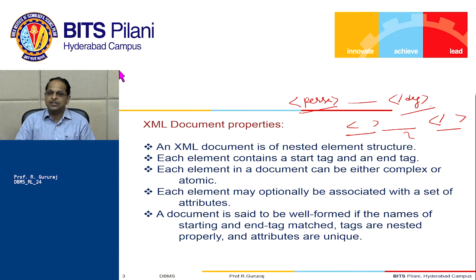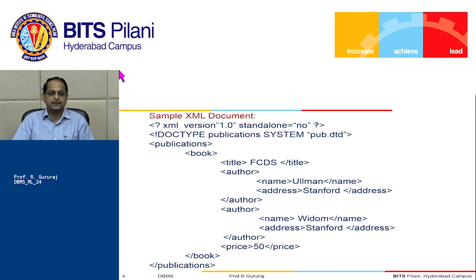The start and end tag do not match, hence I can say that it is not a well formed XML document. To be called a well formed document, the starting and end tag must match. At the same time, tags are nested properly and the attributes should be unique. These are the features or properties of the XML documents.